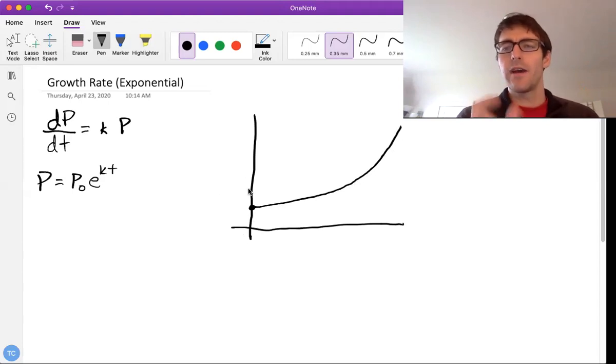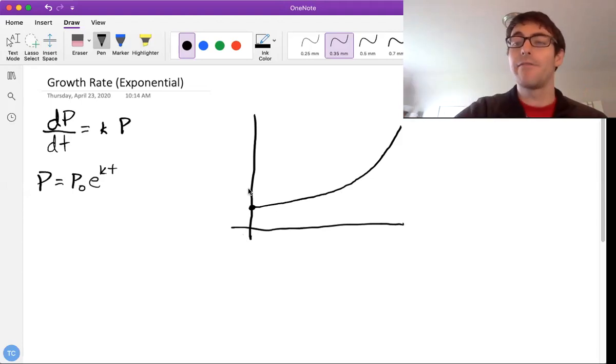And what I want to talk about right now is this idea of a doubling time or a half-life, depending on what k is.